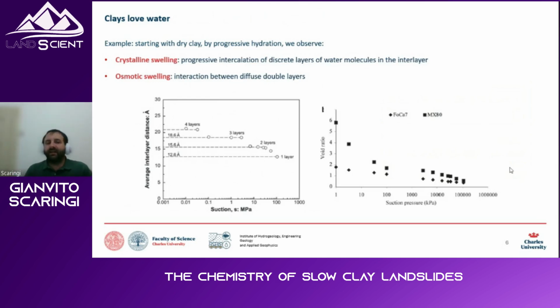If you start with a dry clay and you provide water, for example through air moisture, imagine you have clay straight from the oven and you put it in a container where the air is humid, water will be attracted to the surface of the clay. It's hydrophilic, the clay, and it will start to form this tightly bonded layer around the clay particles. One layer, then a second layer, then a third, then a fourth in discrete fashion, up to four layers.